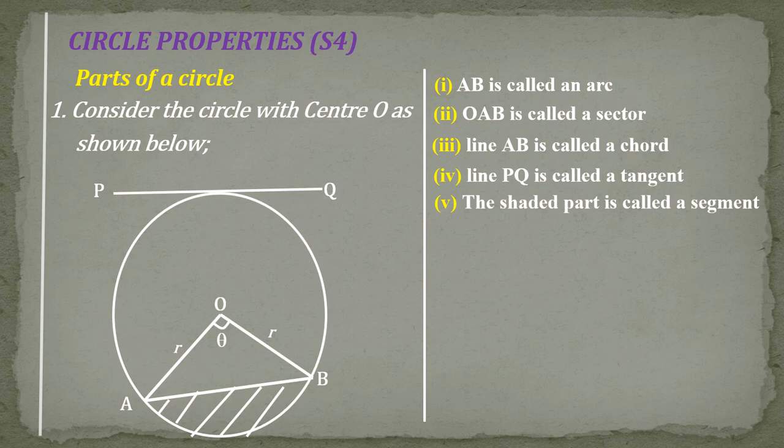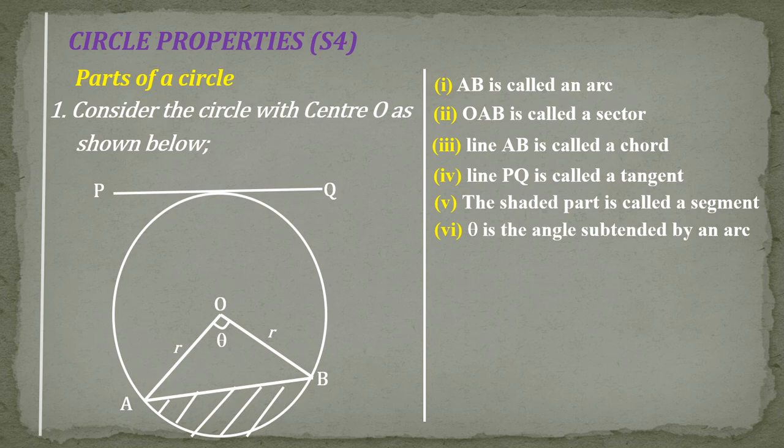Now referring to our figure again, this shaded part, between the chord and the arc AB, this is the chord AB and this is the arc AB. This part here is what we call a segment.